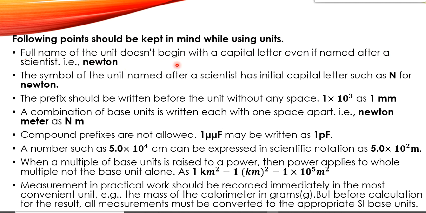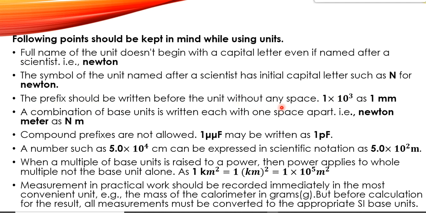But when we write its unit symbol only, then we have to write it in a capital letter, okay? The symbol of the unit named after a scientist has an initial capital letter, such as N for Newton.